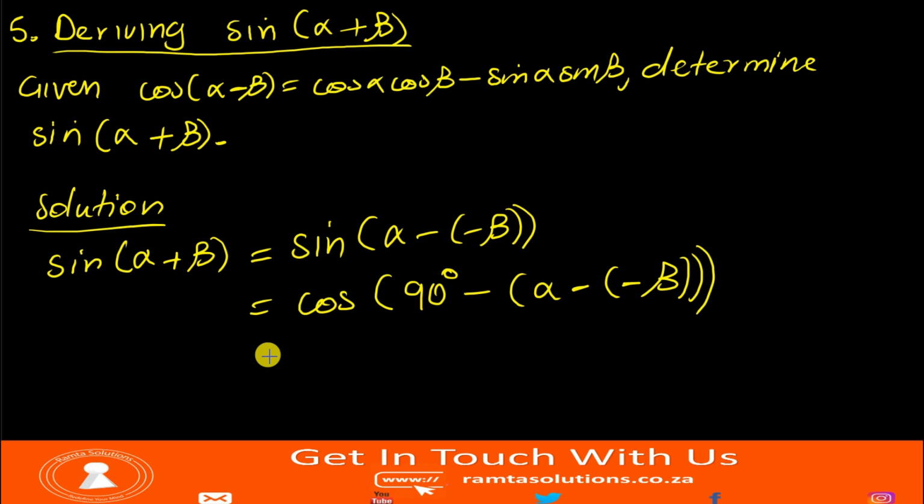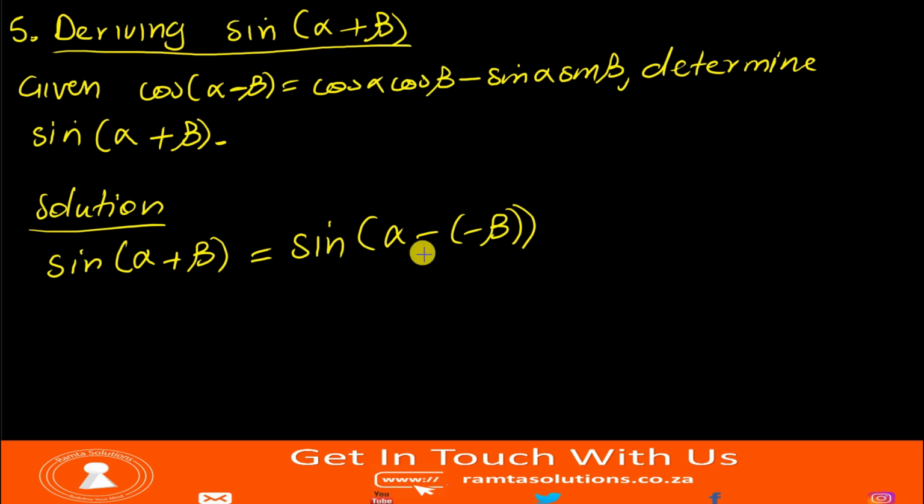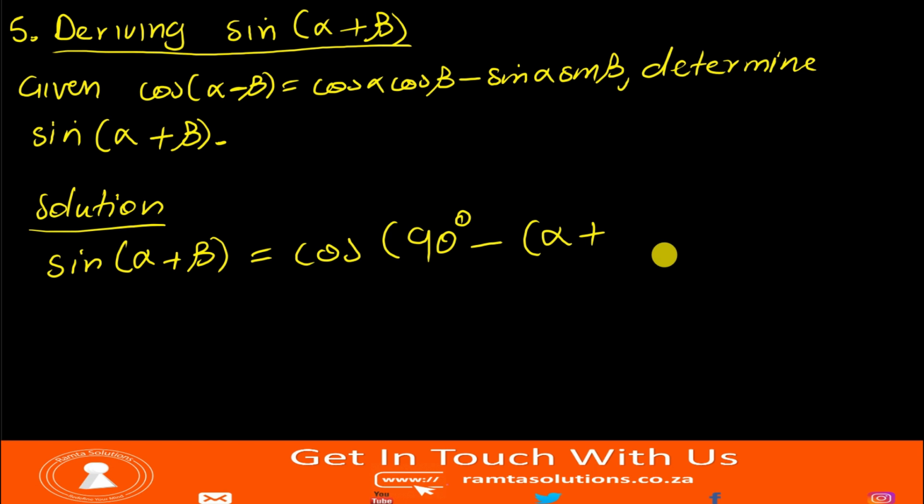All right? Okay. So what do we have? This is interesting. And with it being interesting, I'm going to return it to what it used to be. So I'm not going to continue with this. I'm just going to say, let's simply say it's cos 90 degrees minus alpha plus beta.